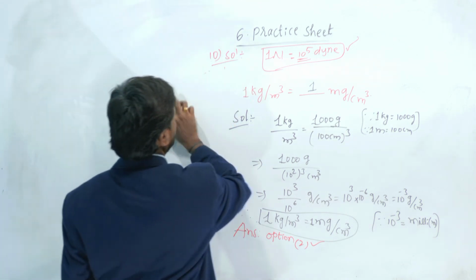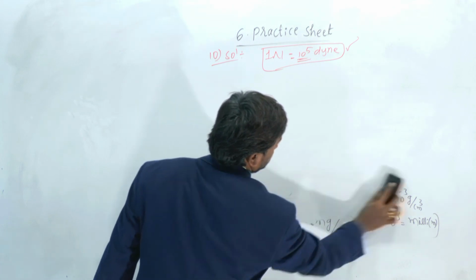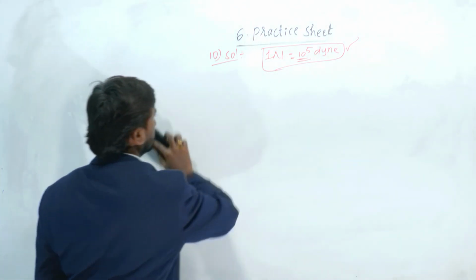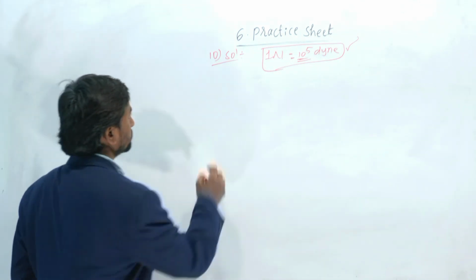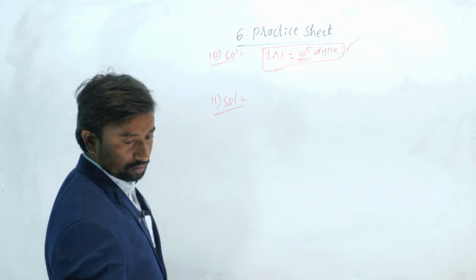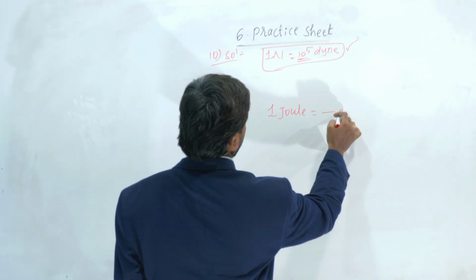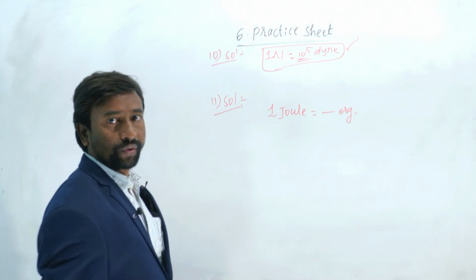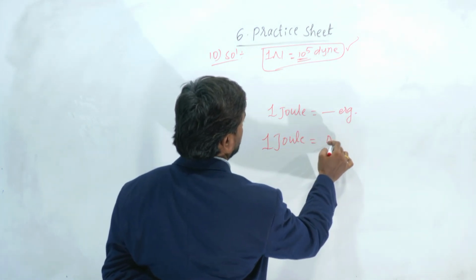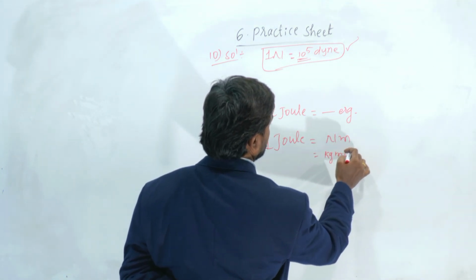Okay, now the 11th one we will do. Here they are asking 1 joule is equal to how many erg? So here 1 joule is equal to Newton meter. Newton is nothing but kg meter per second square, and here meter.